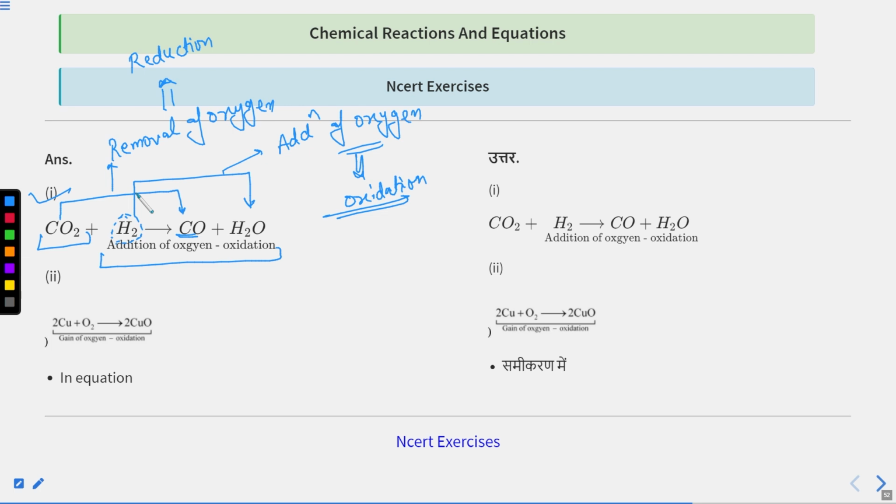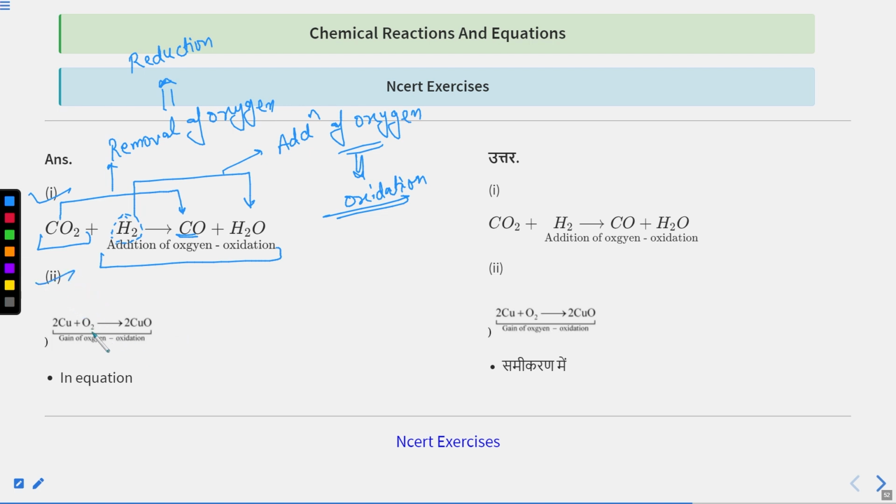The species that itself undergoes reduction and oxidizes others is known as an oxidizing agent. The species that itself undergoes oxidation and reduces others is known as a reducing agent.